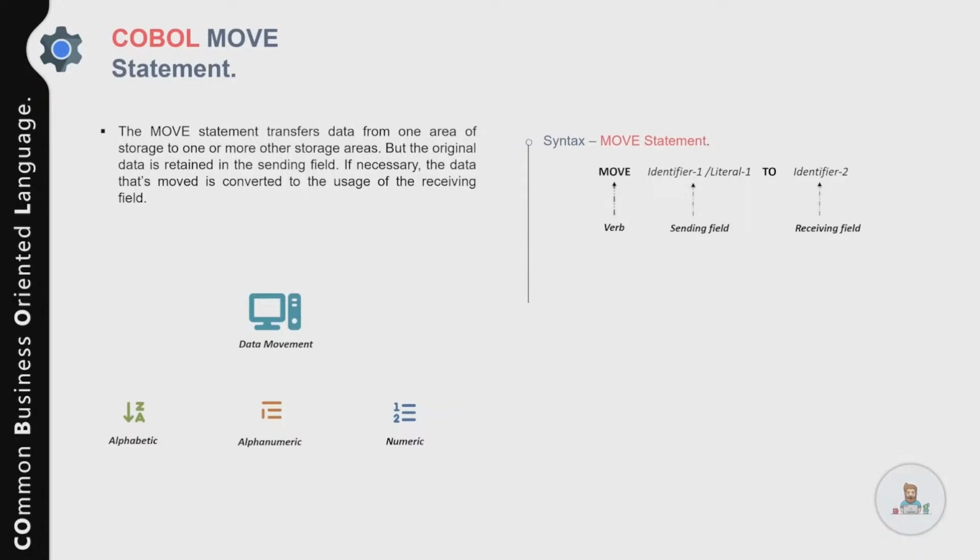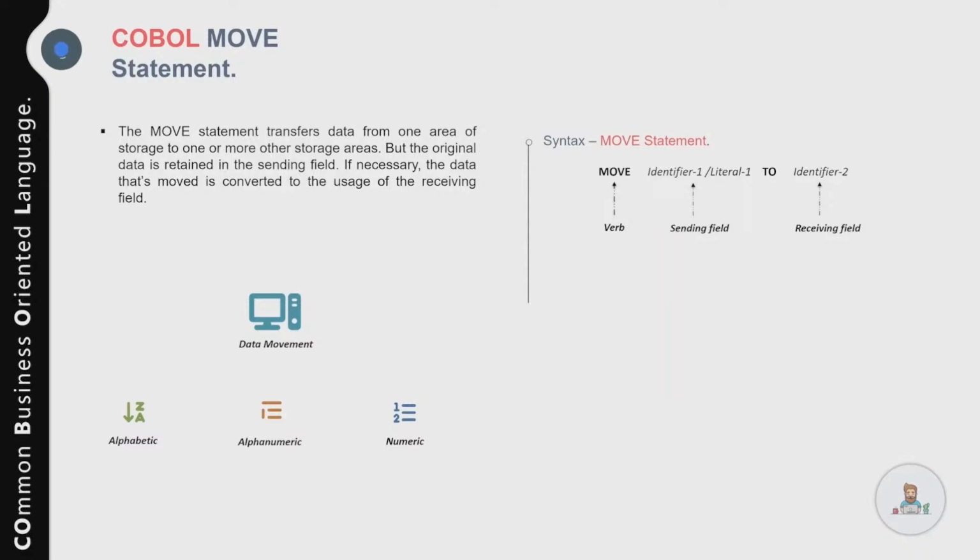That means the field data is again converted into a compact form as per the usage of the field. And lastly, if the receiving field is larger than the sending field, the receiving field is filled with trailing spaces in an alphanumeric move and leading zeros in a numeric move. And if the receiving field is smaller than the sending field, the data moved may be truncated.